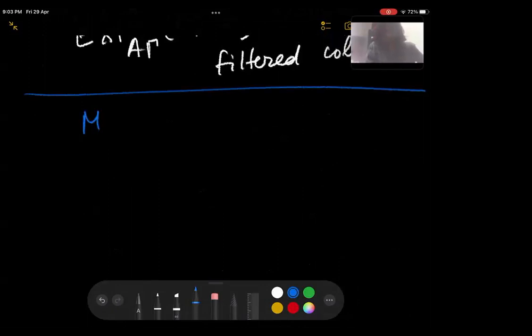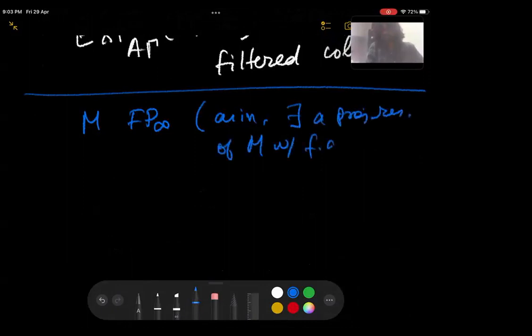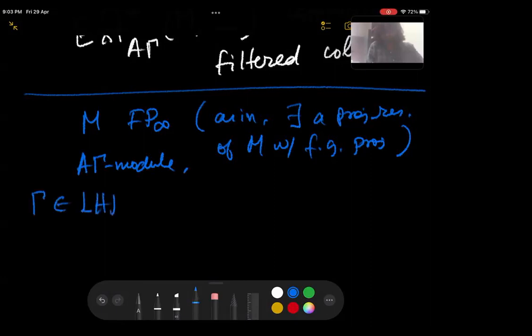So there is a result that says that if M is of type F by infinity, as in there is a projective resolution of M with finitely generated projectives, so let's say M is an A gamma module, and gamma is in LHF, and A is any ring, I think. I don't even need finite global dimension, any commutative ring.